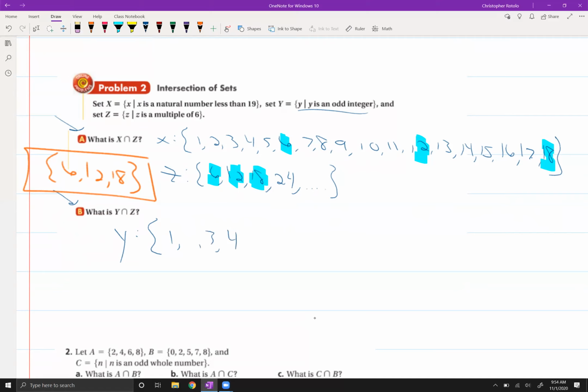Oh, whoa, what am I doing? Can't put evens in there. 3, 5, 7, 9, 11, 13. Wait a minute. What's going on here? Right, so I need the intersection. So what's shared between odd numbers and multiples of 6? All right, so look at my multiples of 6. I get 6, I get 12, even. Oh my goodness, what's going to happen? This is a disjoint set.